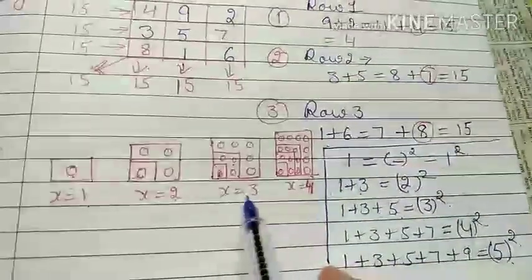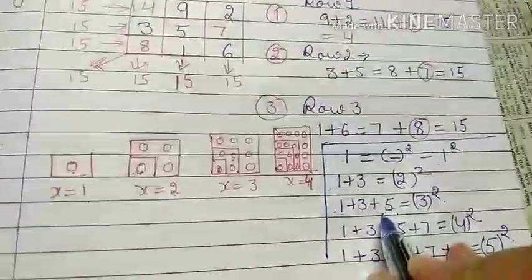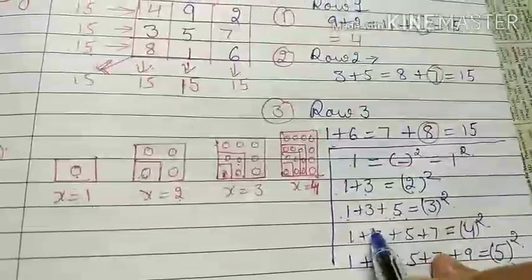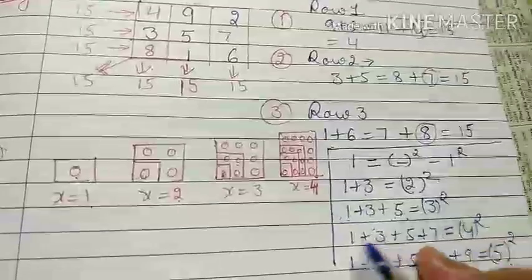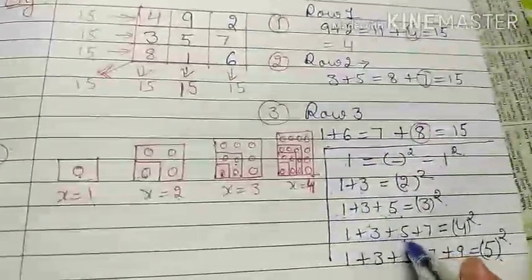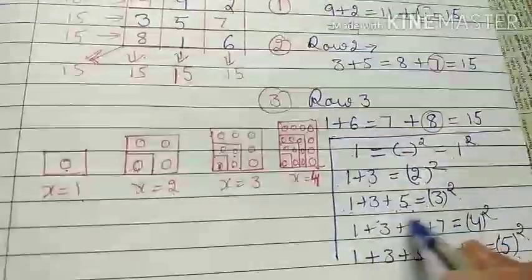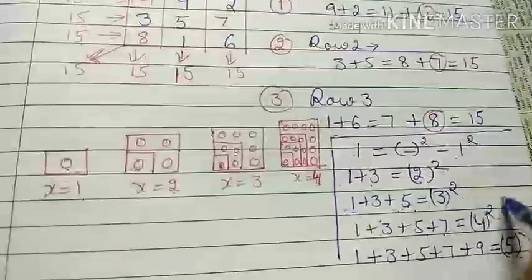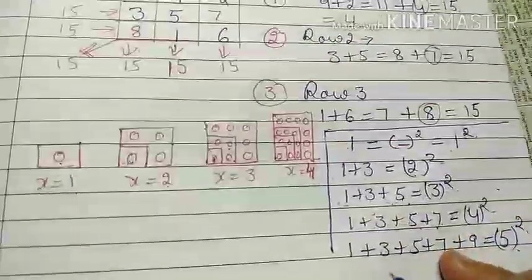Like here also, x is equal to 3, like 1, 3, 5, the first 3 odd numbers are given to you. That means the total of these numbers is 3 raised to power 2, that is 3 into 3, which is 9. If the first 4 odd numbers are given, like 1, 3, 5, 7, without adding you can just count the odd numbers, 1, 2, 3, 4, and make the square: 4 squared is 16.